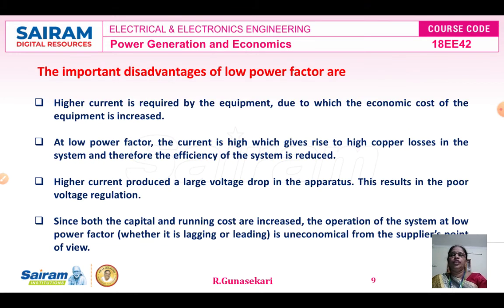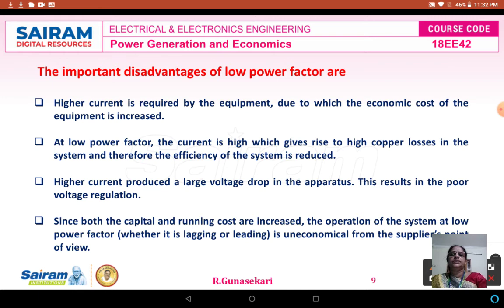Now, the important disadvantage of low power factor is the high current required. Because power factor is low, the current increases, so high current is required by the equipment. Also, at low power factor the current is high, so the copper losses increase and efficiency reduces.